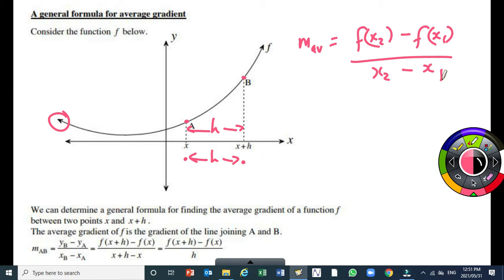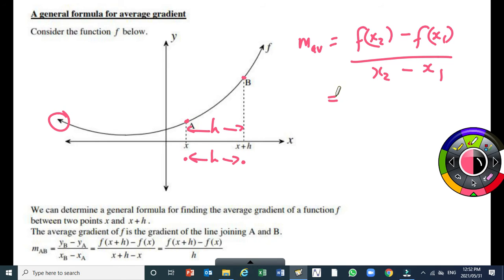Okay? But here we are trying to calculate the average gradient of this curve between point A and point B. As you can see, the line AB is not a straight line. So we are going to approximate its gradient using a straight line, and that straight line will be a straight line joining point A to point B.